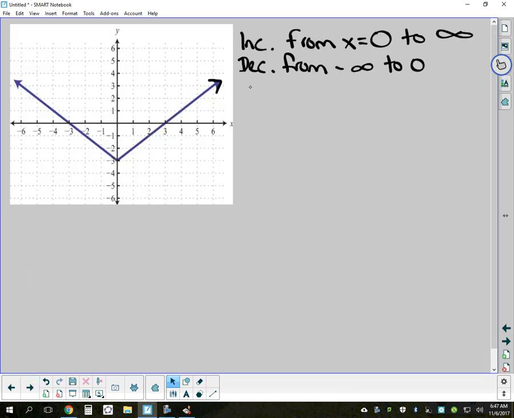Okay. I also want to show you different notation that we could use here. When we're talking about the increasing, we already know it's from 0 to infinity. Another way you can write it is you can put your x in there, and we can say it's increasing when x is greater than 0. Okay, anywhere it's bigger than 0.